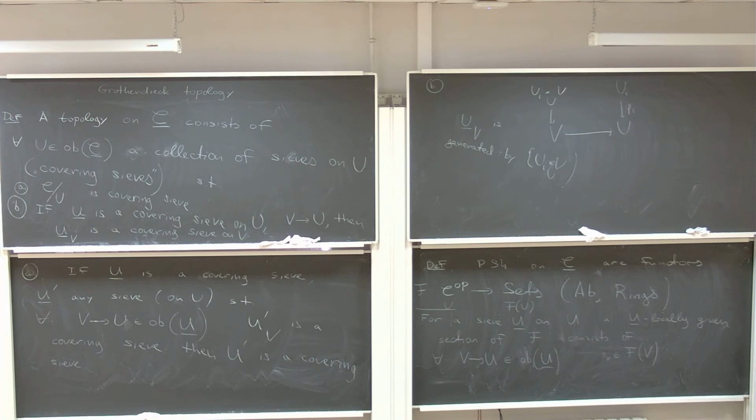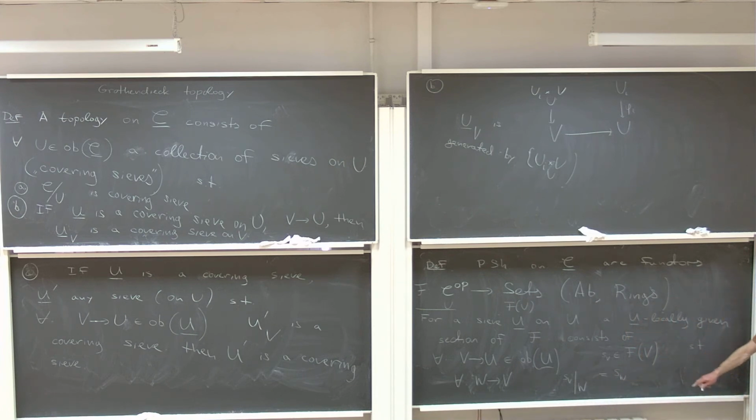This is one thing. And it must satisfy the following requirement: for every map from W to V, the restriction of s_V to W is s_W.